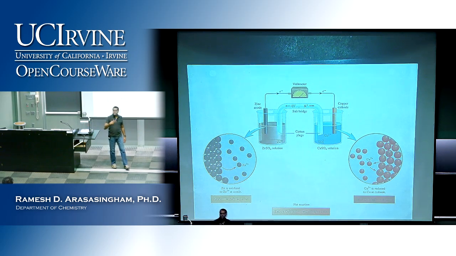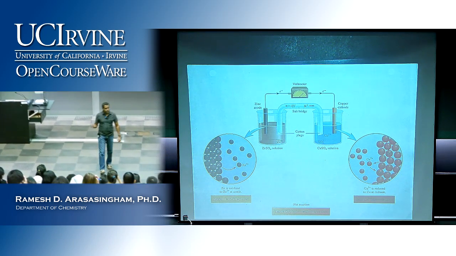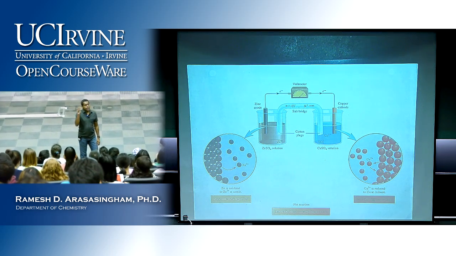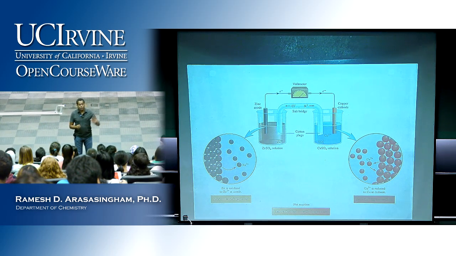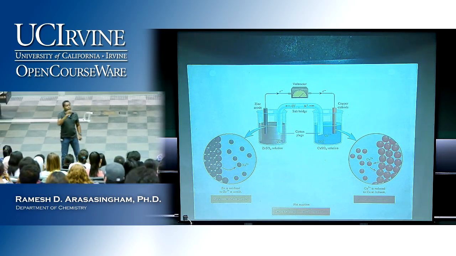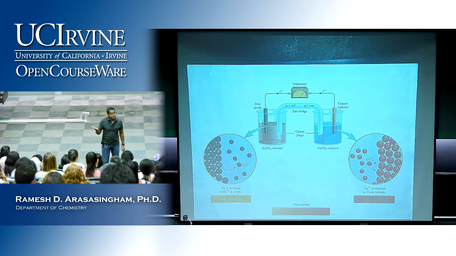Now, have you guys done a rudimentary electrochemical cell in the lab yet? This week. Okay, so one of the things in the lab is, if you set up your electrochemical cell, you know what your anode is, where the oxidation is. You set up your cathode, you know where the reduction takes place. And you hook it up to your voltmeter, and your voltmeter reads a negative sign.